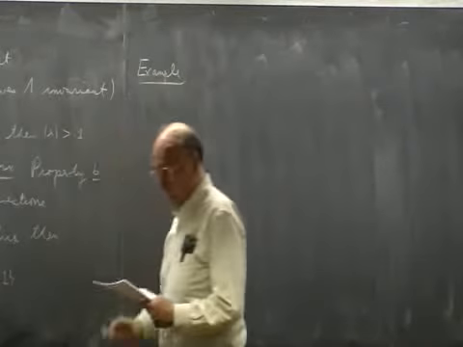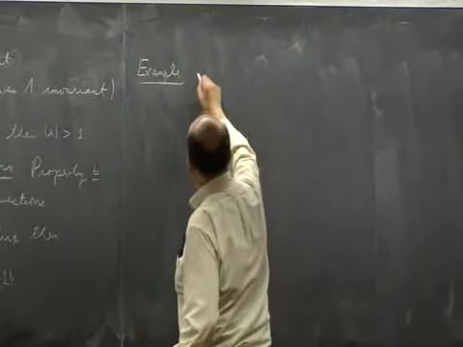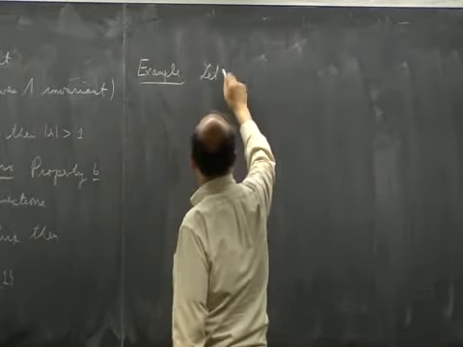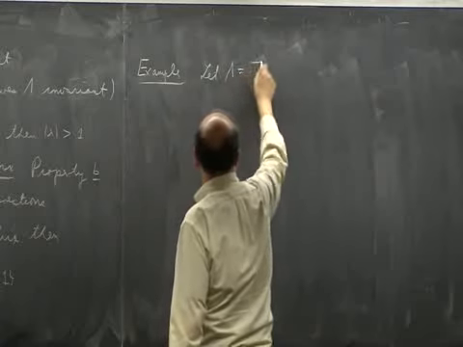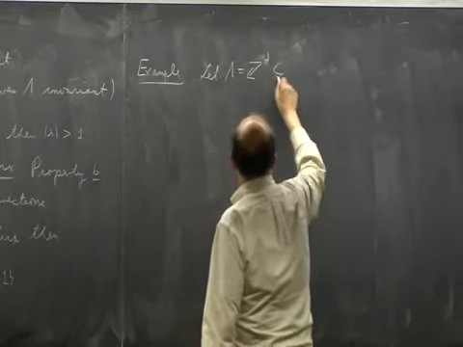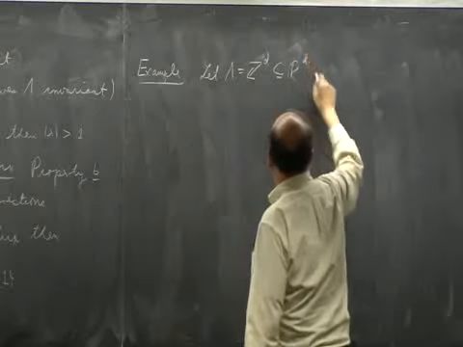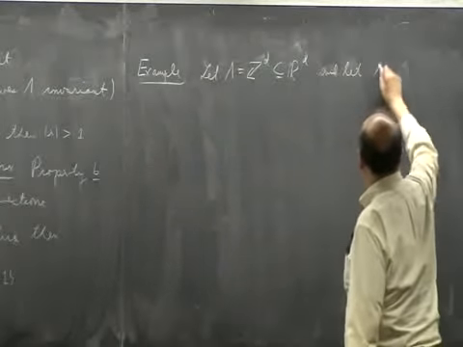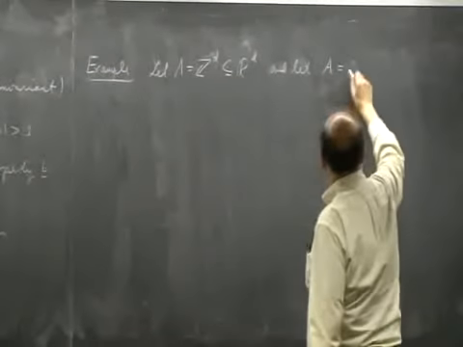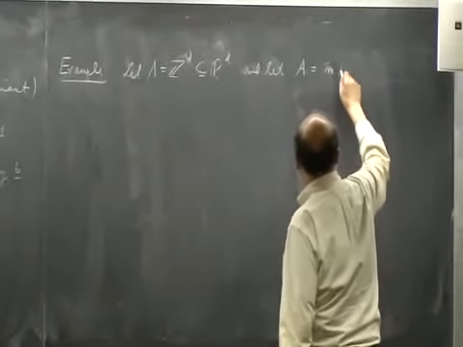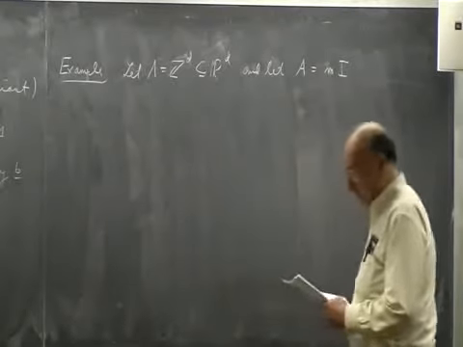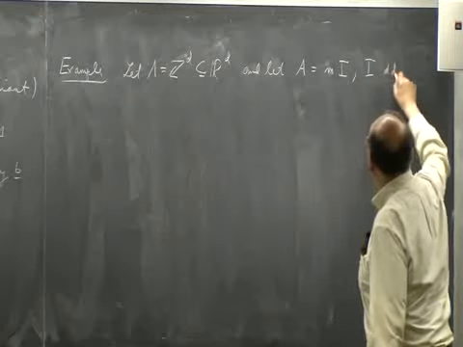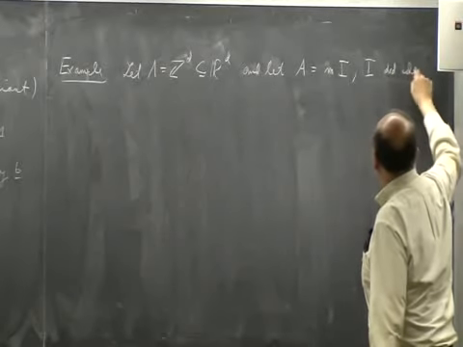Okay. And so the standard example is one that we talked about last week, namely let Lambda be equal to Z^D in R^D, and let A equal the matrix M times I, D by D identity.